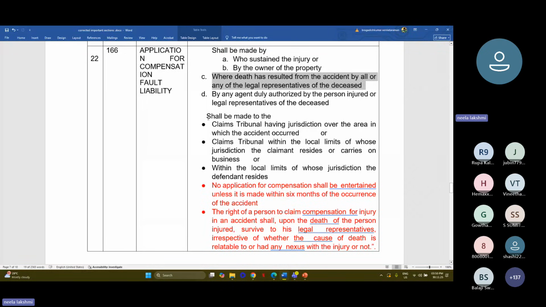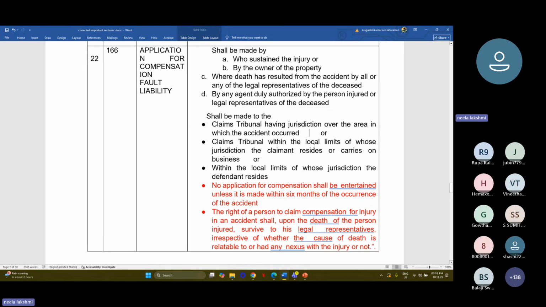Okay, where can they make the claim petition? Is there any jurisdiction? Is there any limit for filing the application, or can they file it anywhere in India? No, there are some restrictions on where the claim petition shall be made. The application shall be made to the claims tribunal having jurisdiction over the area in which the accident occurred.